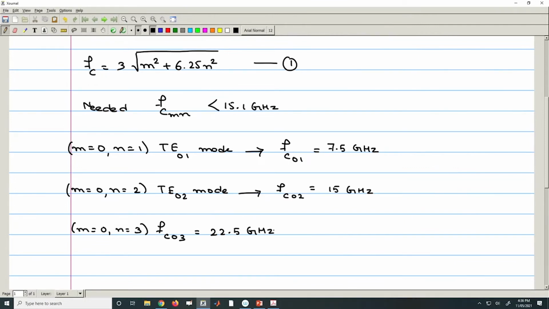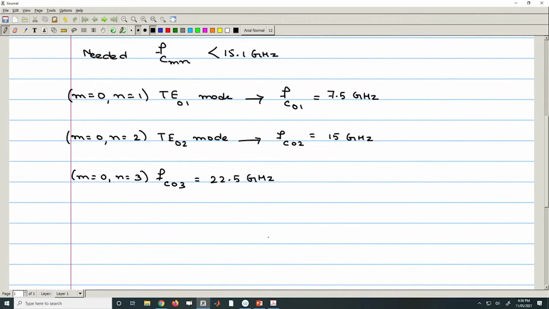Okay. So 22.5 is coming greater than 15.1. Okay. So we can say that maximum n can be 2. So to conclude we can say thus maximum n is 2.